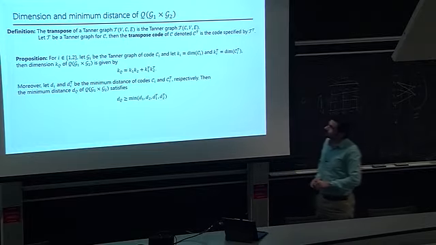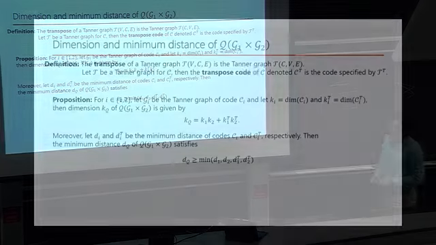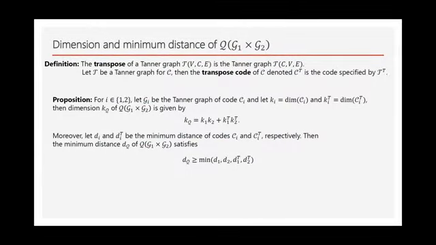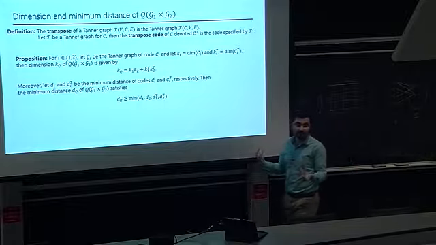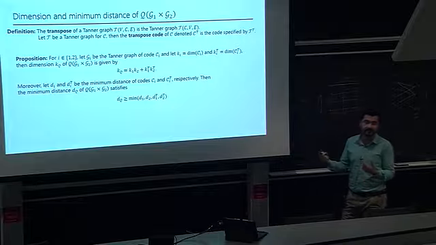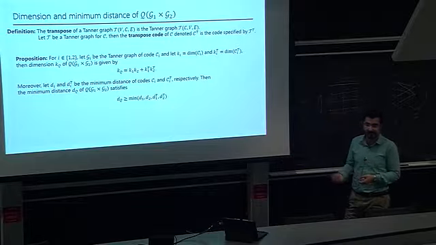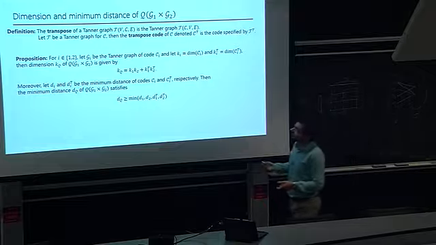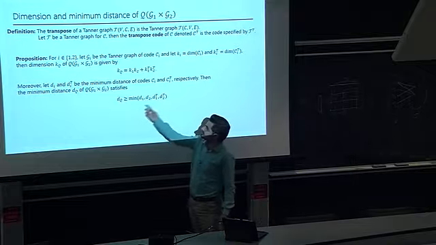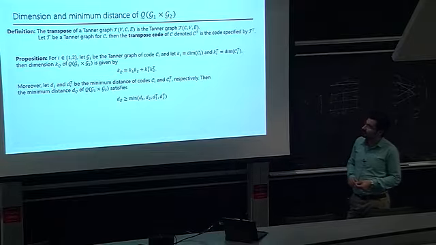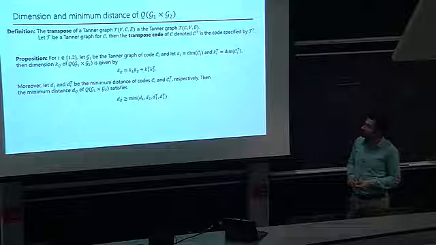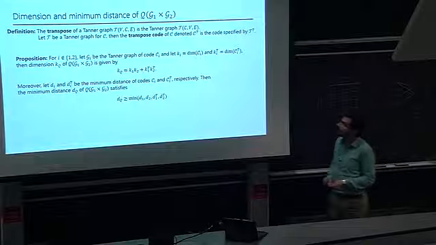The result I'm going to talk about next shows that the minimum distance of the code is characterized by the minimum distance of the two original codes and the minimum distance of their transpose codes. The relation looks like this: the minimum distance is at least the minimum of D1, D2, D1 transpose, and D2 transpose.